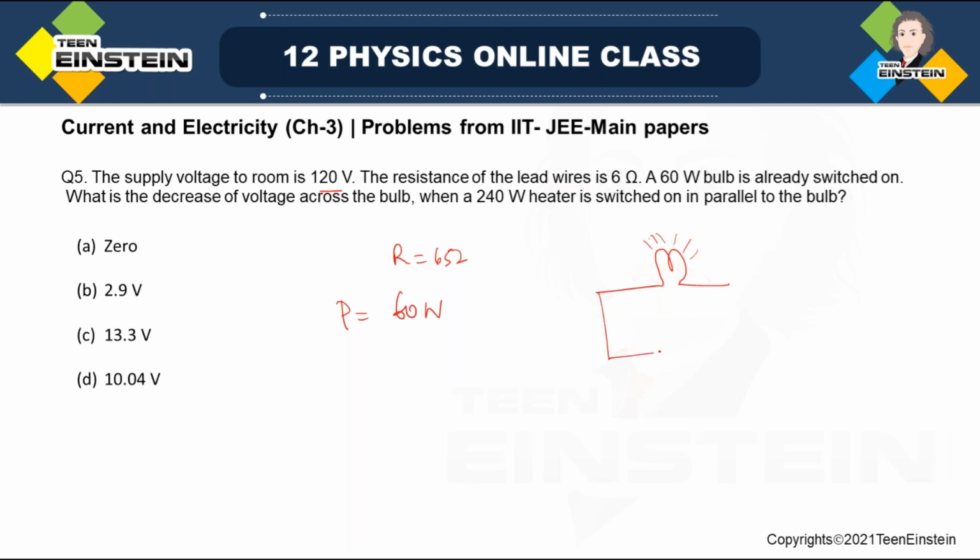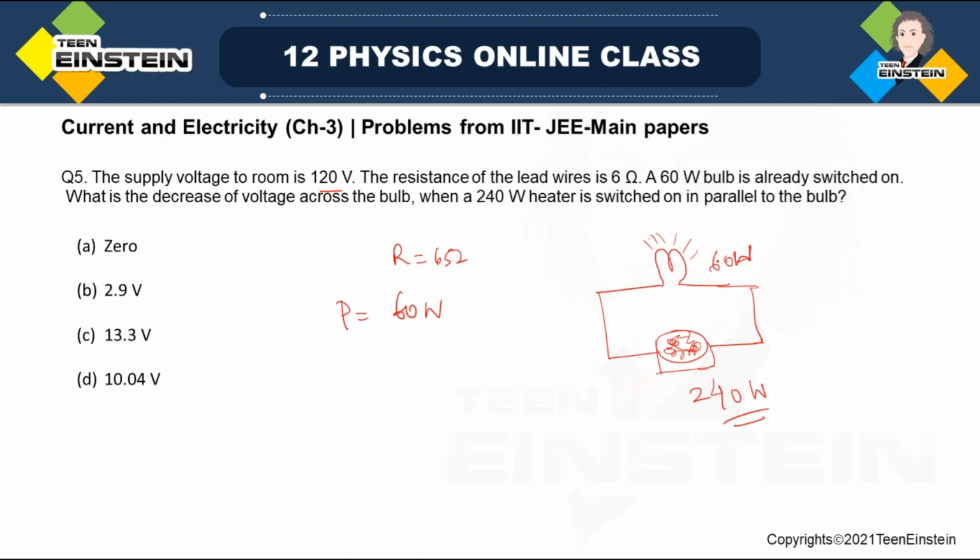Now you are bringing an electric heater, these are heating coils, say. You connect it in parallel. That has a wattage of 240, and this bulb has 60 watt.